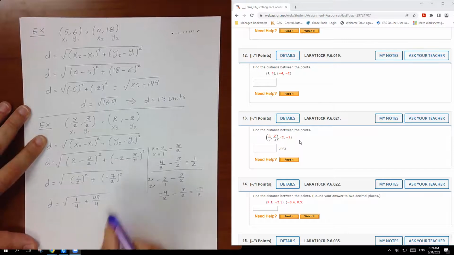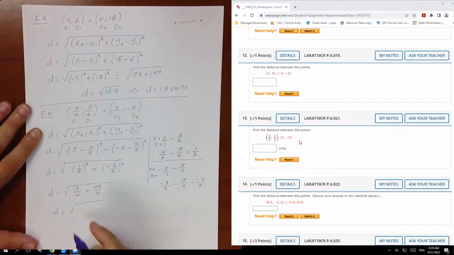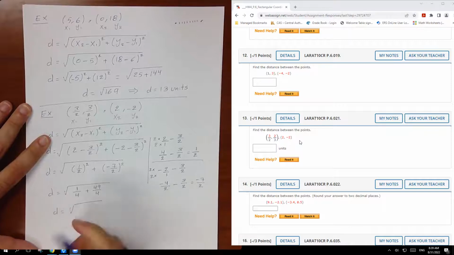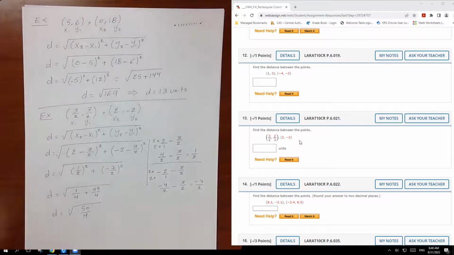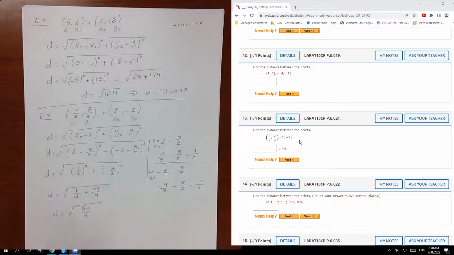On this side, I have the same denominator, so the distance equals the square root of, here's the 4, 1 plus 49 is going to be 50. So it's going to be 50 over 4. Now let's find out, do we have a square root for 50? For 4 it is 2, so I'm going to take out 2. But what about 50?